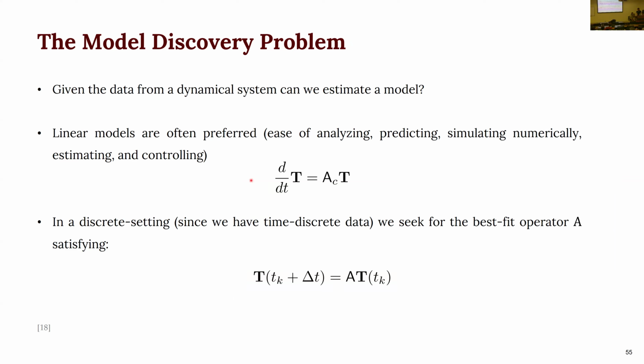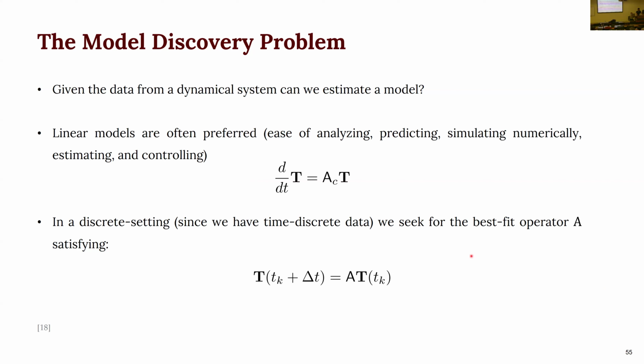So when we have the choice to come up with a model from data, our default inclination is towards deriving a linear model, right? Because it's easy to analyze, predict, and we have a lot of tools in our arsenal to analyze linear systems.